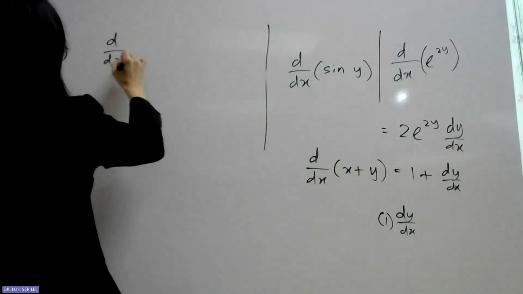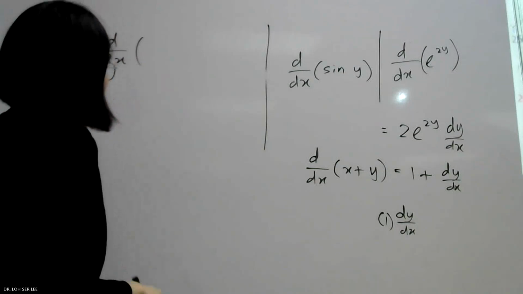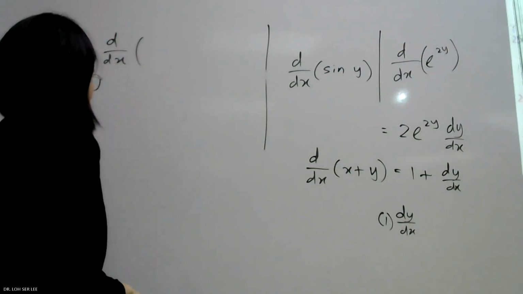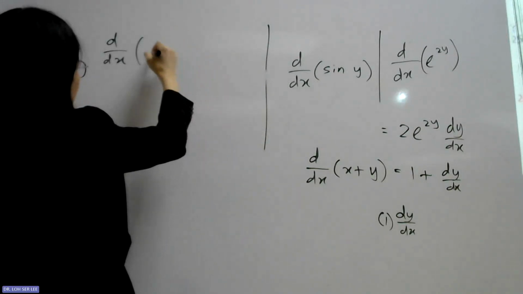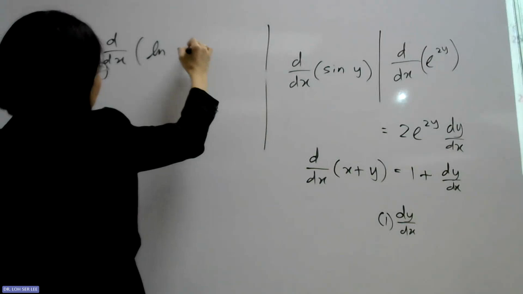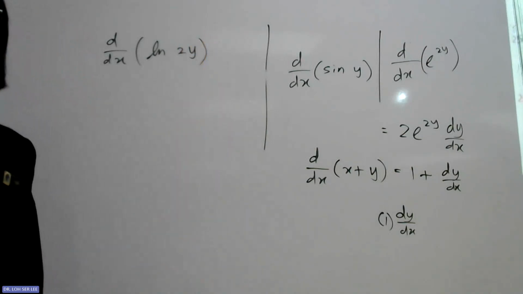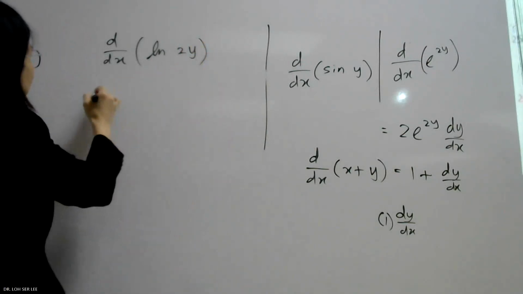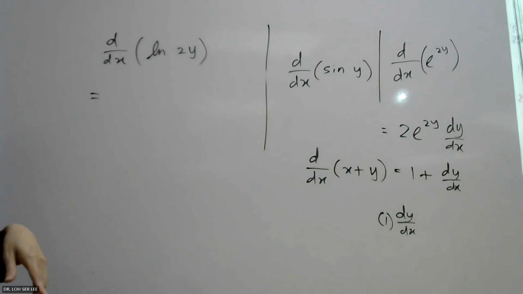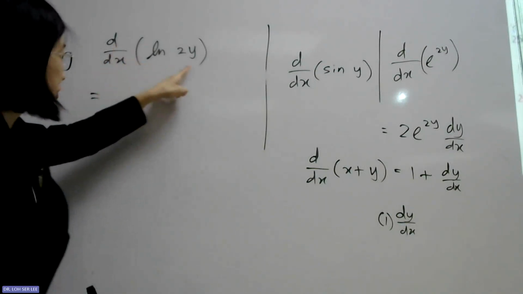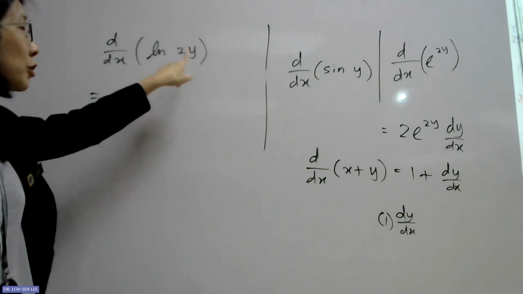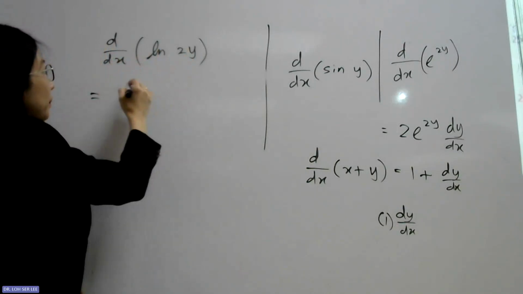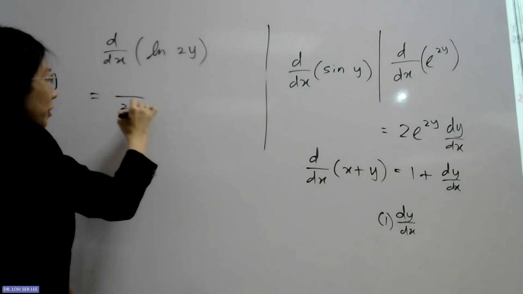Okay, one more example. Let's say ln 2y. We will differentiate this one with respect to y. So what do you get? 2y will be here.